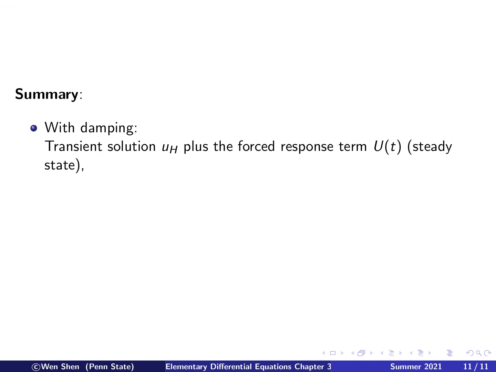So let's do a summary of forced vibration. First is with damping. If you have damping, then the homogeneous solution is called the transient solution, plus the forced response term u_p(t), which is called the steady state.